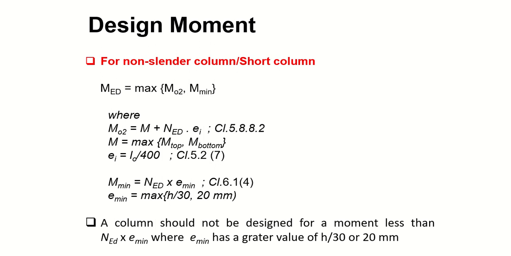We need to find the MED, the design moment. As usual, before we can design, we need the design moment, MED. The design moment for a short column is the maximum between M02 and M minimum. Normally it will be M02, but we don't know, maybe it is M minimum.